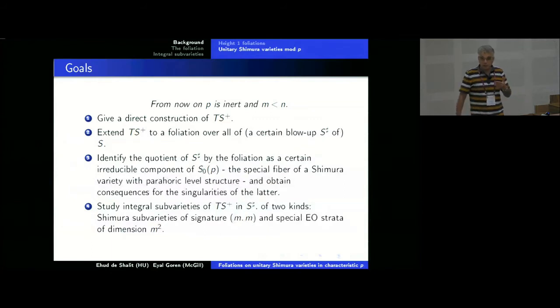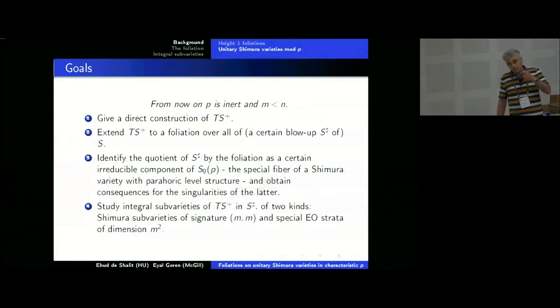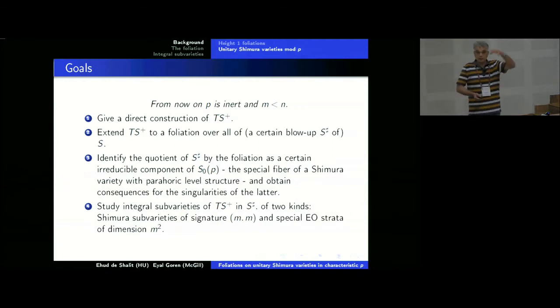But then there is a process of blowing up. In fact, we will define another modular problem that has its merits and is interesting in its own right. We call it S upper sharp, that exists only in characteristic p, and it sits above S, and you can extend the foliation nicely to this modular problem, and it's non-singular.